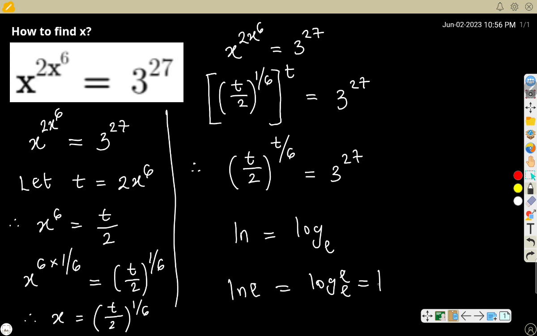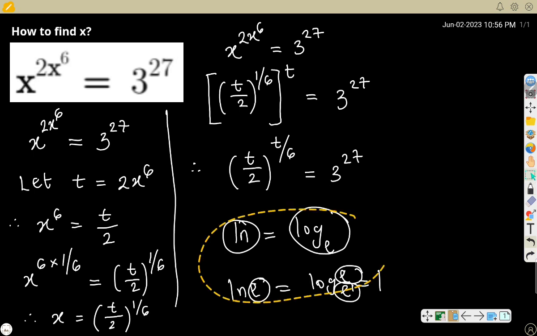And log e to base e is 1. So ordinary ln is log to base e. So if that ln carries e, but that ln is to base e already, log of the same base is 1. So that means ln e is 1.